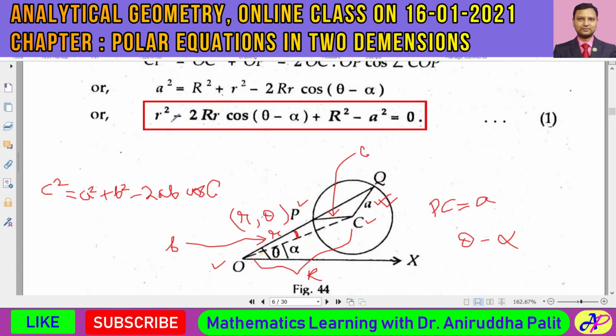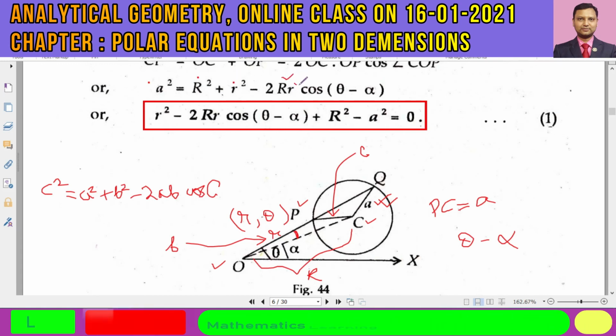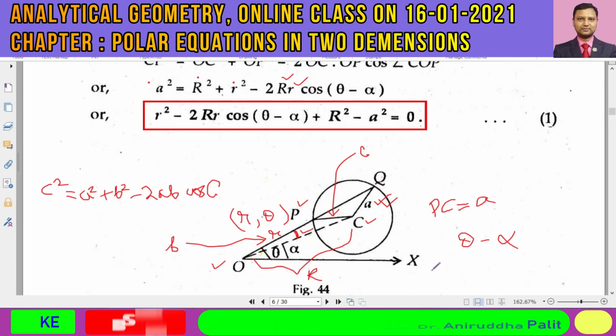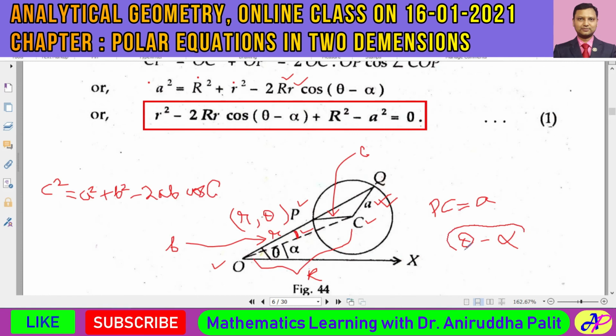So what would be the formula? A square is equal to R square plus small r square minus twice small r capital R cos of the angle in between these two, and that is actually the angle theta minus alpha. So cos of theta minus alpha would ultimately appear as this angle.